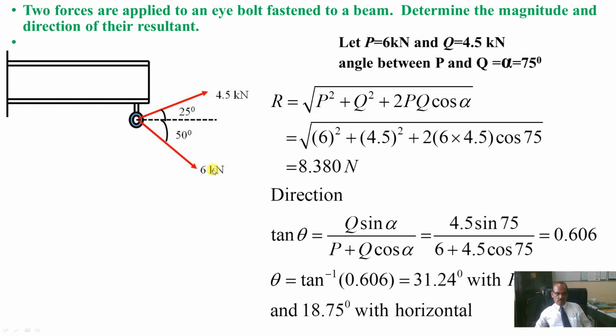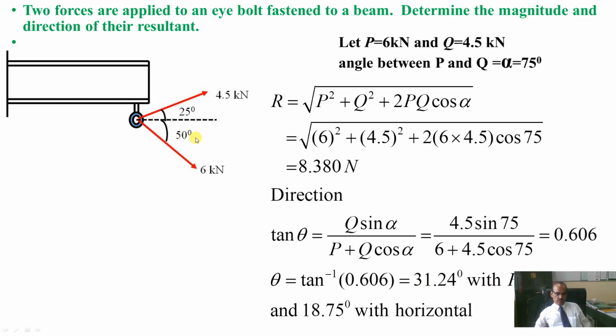We are taking this as P and this as Q. So 4.5 sin 75 divided by 6 plus 4.5 cos 75. You will get the value 0.6. So theta will be equal to 31.24 with respect to this P.